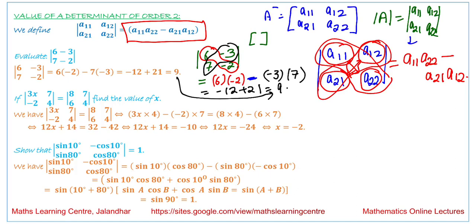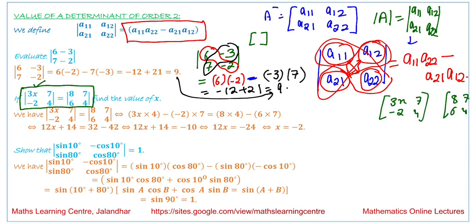Next, I am again repeating this thing: when you look at these brackets over here, it is clear from these brackets that we are talking about the determinant. Suppose I am talking about matrices, and we have 3x, 7, minus 2 and 4, and another matrix 8, 7, 6 and 4.